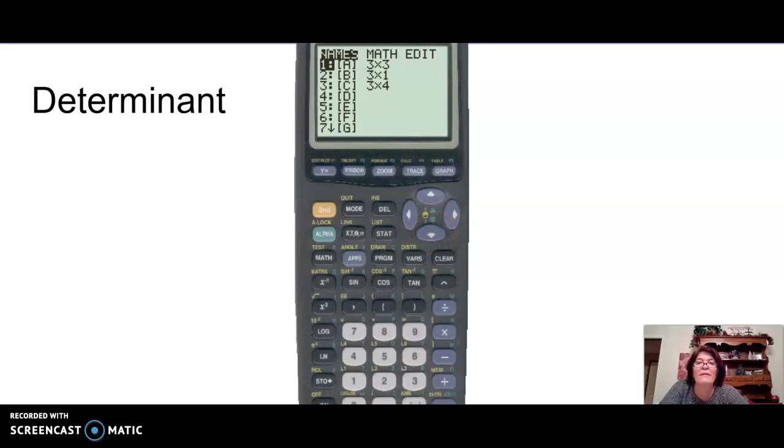If I wanted to find the determinant of matrix C, or matrix A, since I'm there, you can only find the determinant if it's square. So 2 by 2, 3 by 3, 4 by 4. Okay, the determinant of matrix A is -12. That tells me I can find the inverse of it. If the determinant is 0, then you're like, oh, cannot find the inverse, so I might as well not even try to solve this problem.